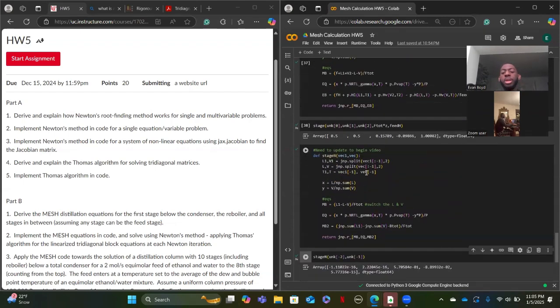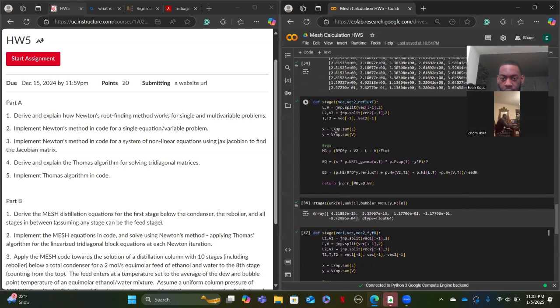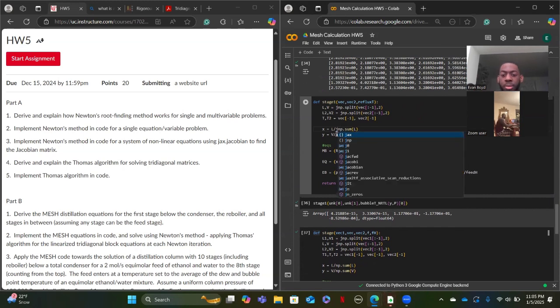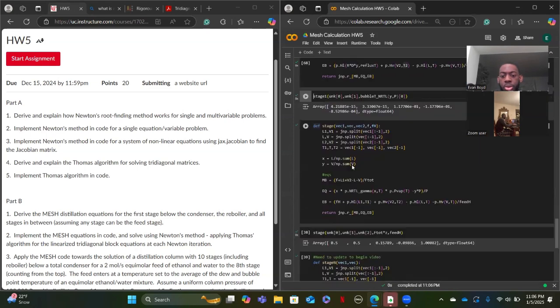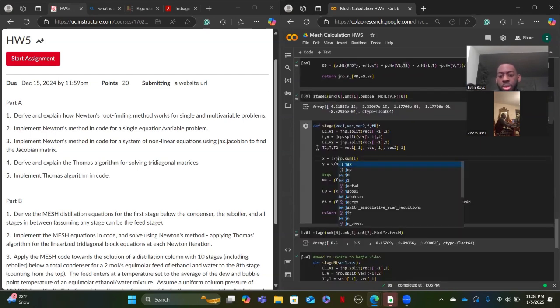Now, I do want to check, there were two things I caught that I needed to change. One, for all my sums, for my liquid compositions, for each stage, it needs to be JMP and not just MP, because we're in the Jacobian, so everything needs to be JMP.